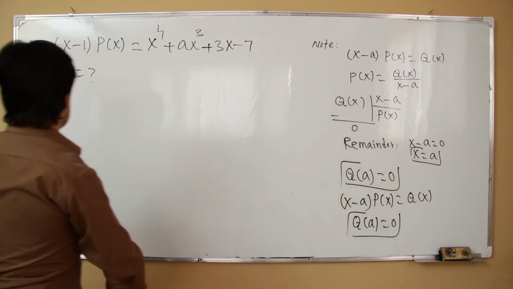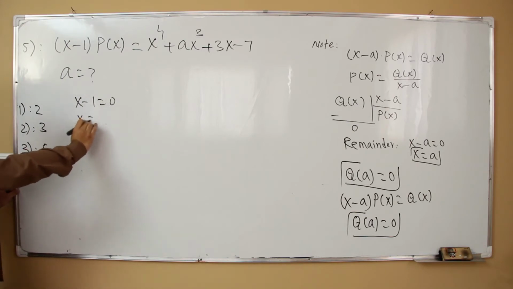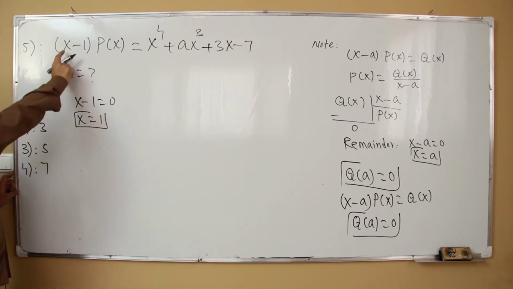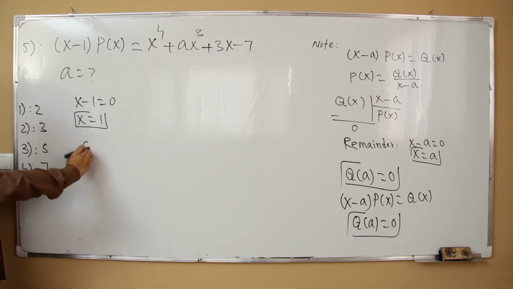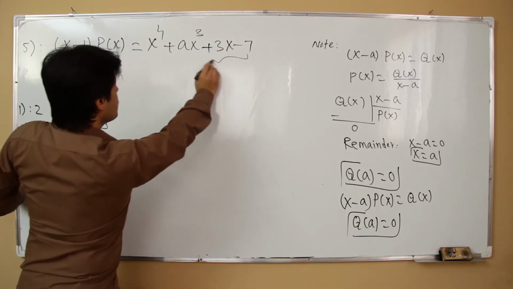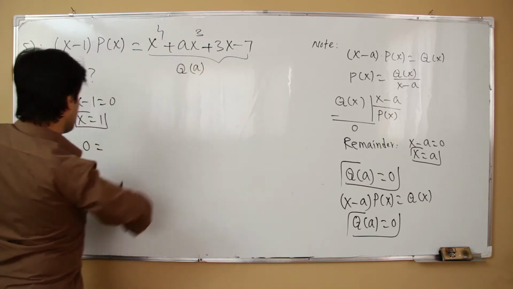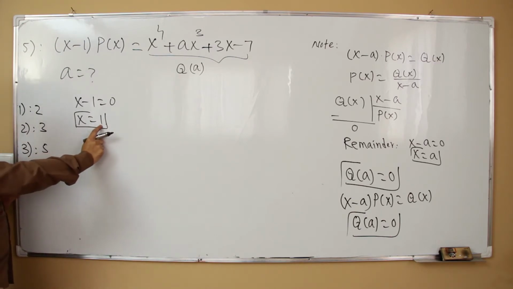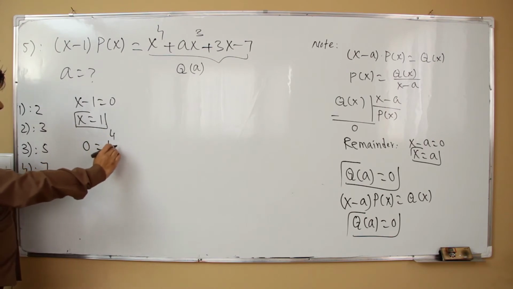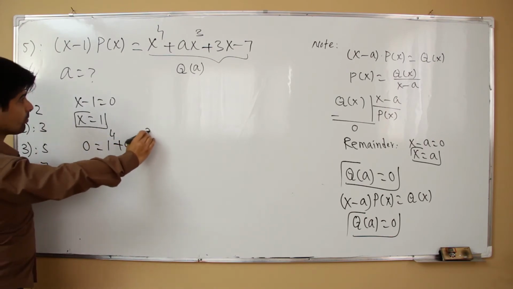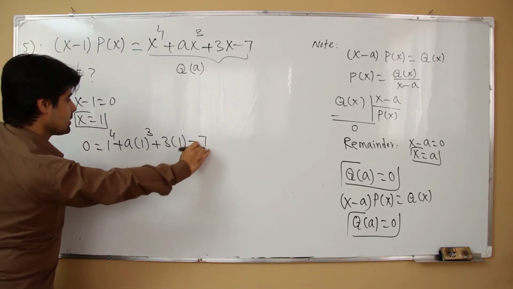It means that in here you have to set x minus 1 to 0, so x would be 1. Then put in here 1 minus 1, it is 0. 0 times this one, this is 0, and this is called Q(x), and this one is in here Q(a). What is a? It's 1. Then instead of this one, put 1 to the power 4 plus a times 1 to the power 3 plus 3 times 1 minus 7.